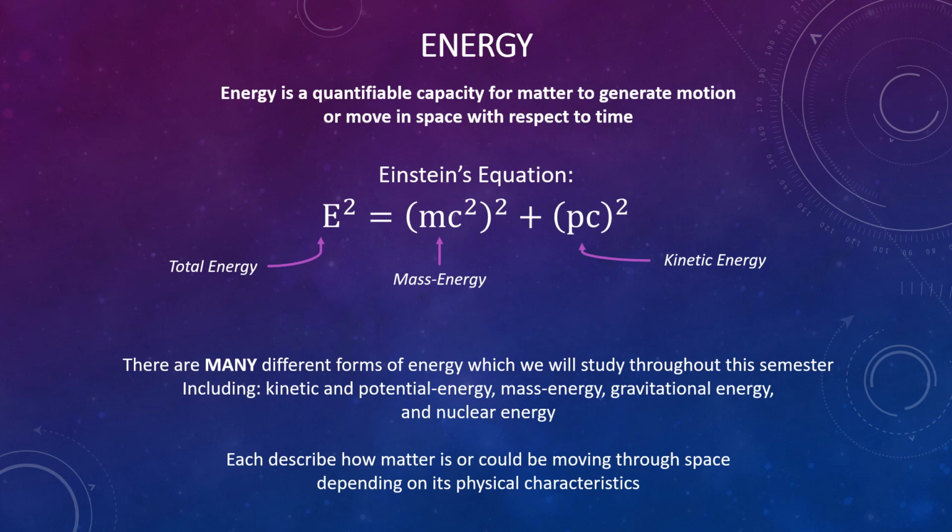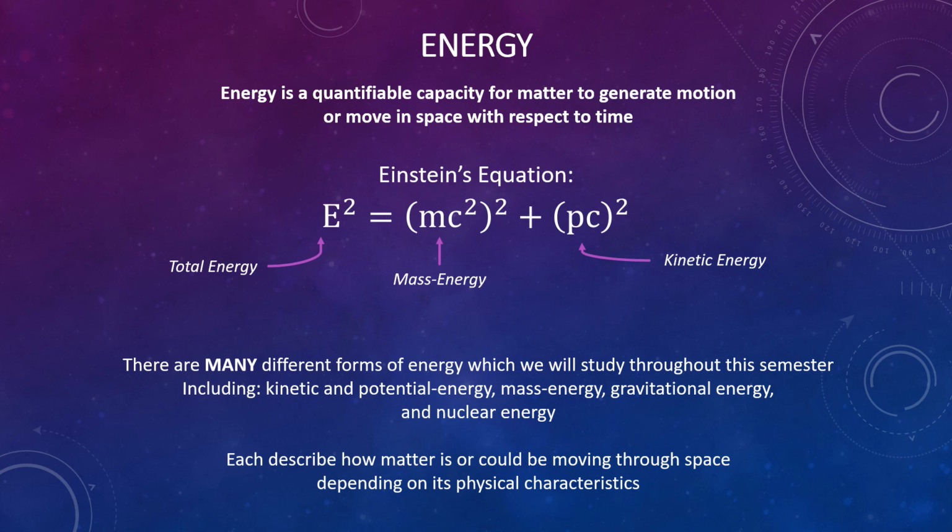Unless something is moving close to the speed of light, this last term, pc squared, is not very important. And so it can be thought of as zero if something is moving slow. I know that I will never be traveling near the speed of light, hopefully. So my kinetic energy term will always be small compared to my mass energy term.